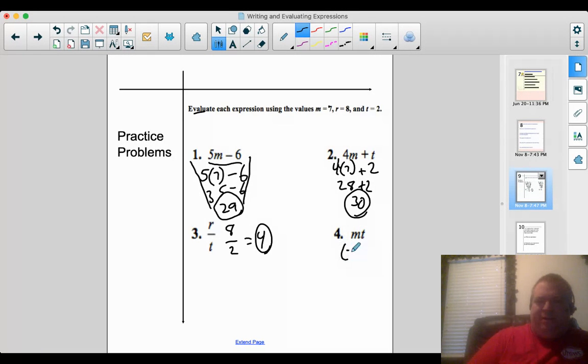So m is 7 and t is 2. So 7 times 2 is 14. Okay, so we're just replacing the letters with their numbers and doing the order of operations to get that down to a single number. Okay, anytime your instructions are to evaluate, you're going to always pretty much end with a number.